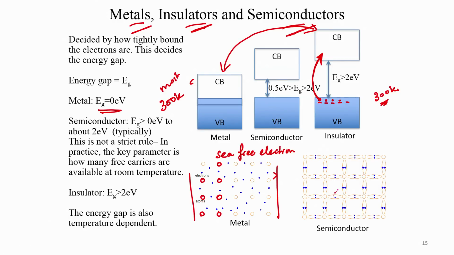And therefore at 300 Kelvin, while it is possible for us to find a few electrons, this count, statistically speaking, is not very large. If one were to look at the electron concentration in the conduction band, which is the number of electrons sitting in the conduction band per unit volume of the material, we will find that this number is quite low.